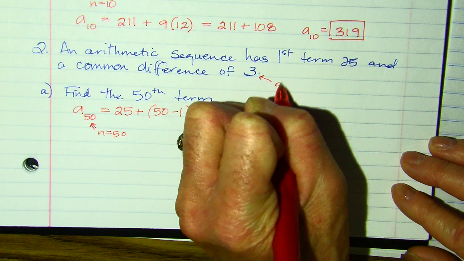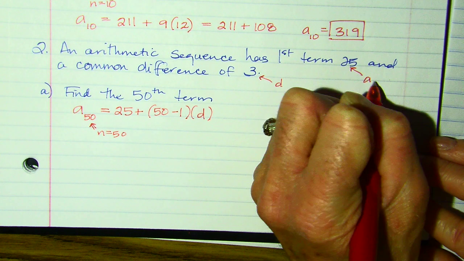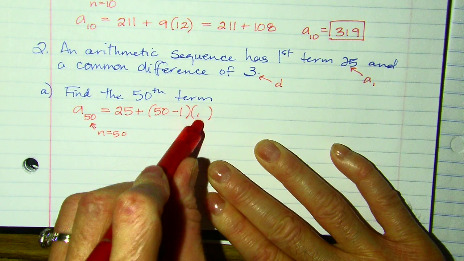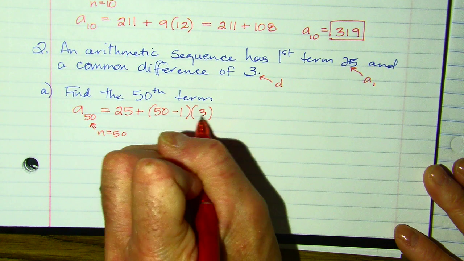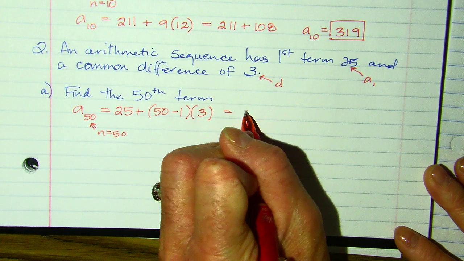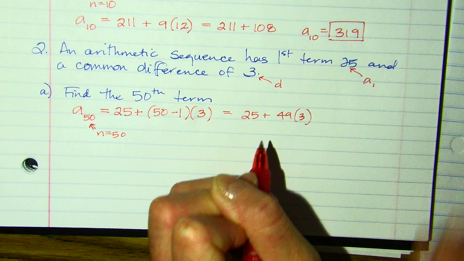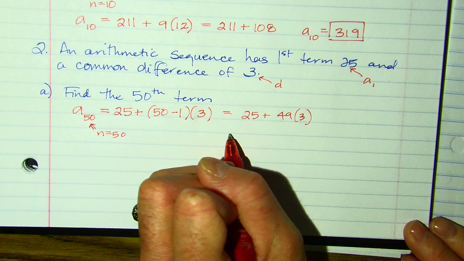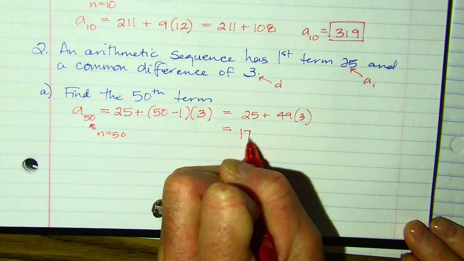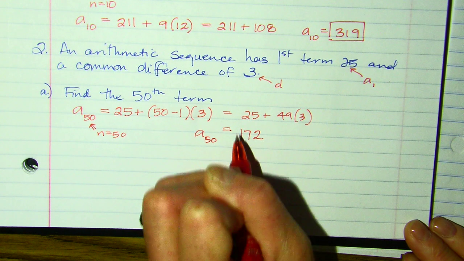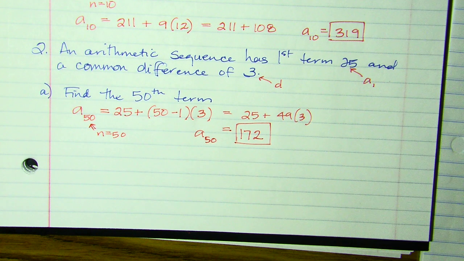That right there is d, and that right there is A1. Sorry, this should be a 3, not a d. So that equals 25 plus 49 times 3, which I got is 172. So the 50th term, or A subscript 50, is 172.